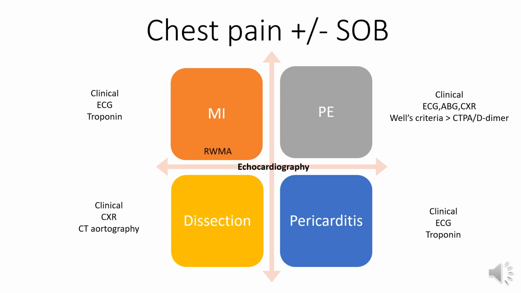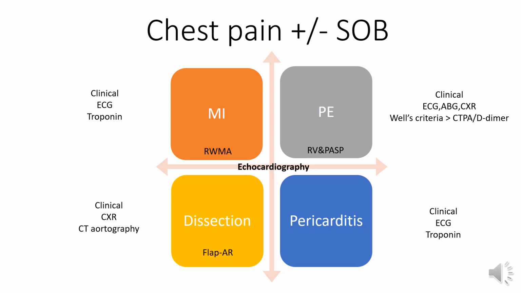In case we see a certain area of the myocardium contracting less than the surrounding, we call it regional wall motion abnormalities, which might give us a clue of underlying myocardial ischemia. If we see some signs of suffering of the right ventricle because of pulmonary embolus, we might get directed towards a diagnosis of pulmonary embolism.